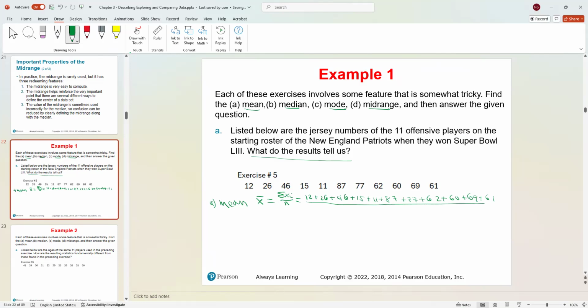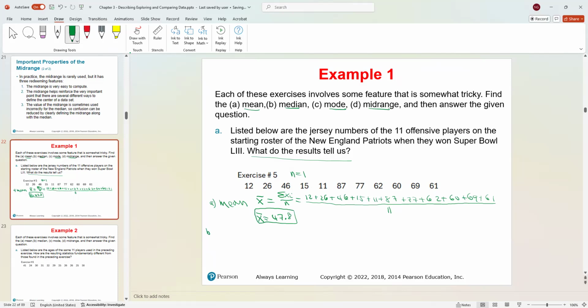When you count them all, 1, 2, 3, 4, 5, 6, 7, 8, 9, 10, 11, you see n is 11. So we divide by 11. So for us, the mean x bar, when you add up all this data together, which I don't need to do, and divide by 11, the final answer would be 47.8. Okay, so this is the answer for the mean.